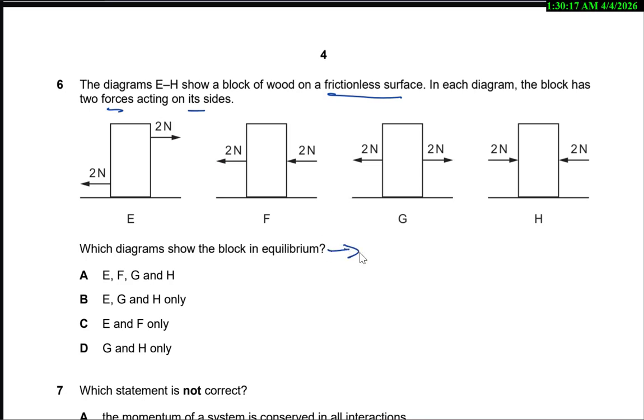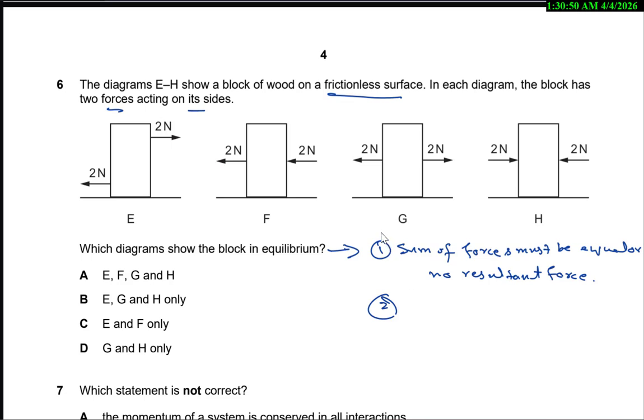So you have to keep in mind for any object, if we need to keep it in equilibrium, there are two conditions. Number one, the sum of forces must be equal, or no resultant force acting on an object.